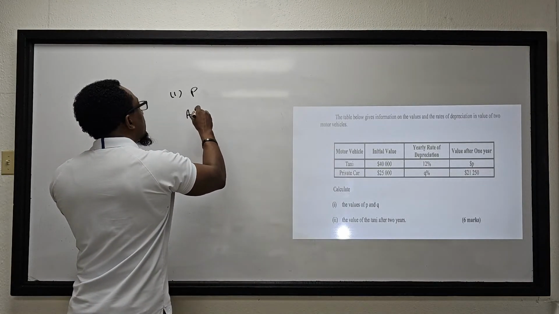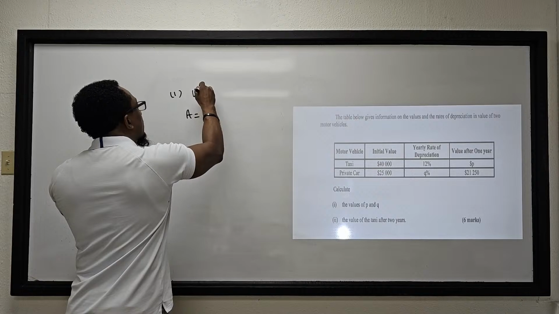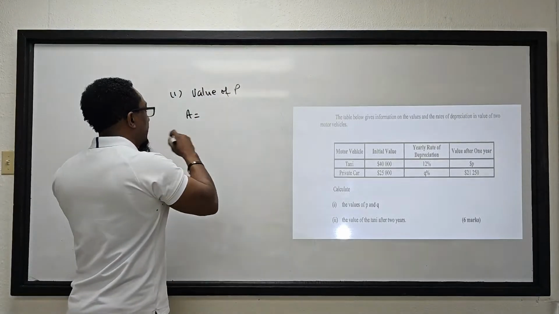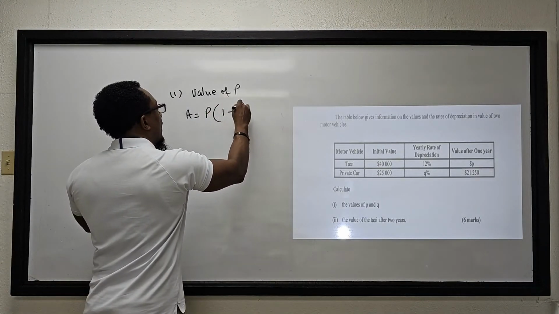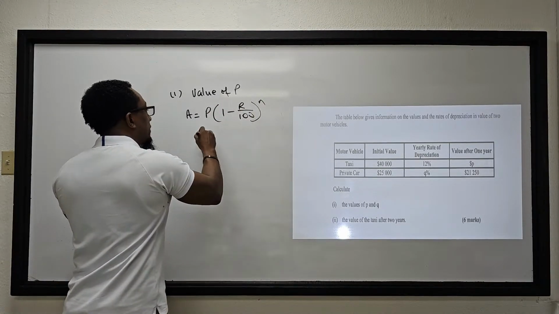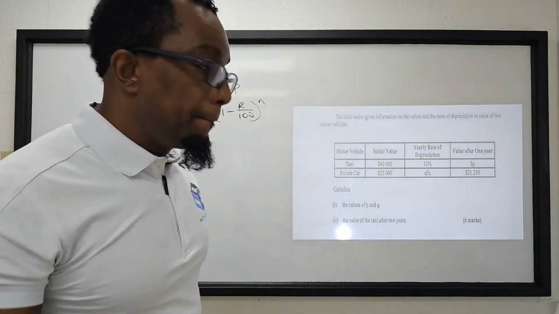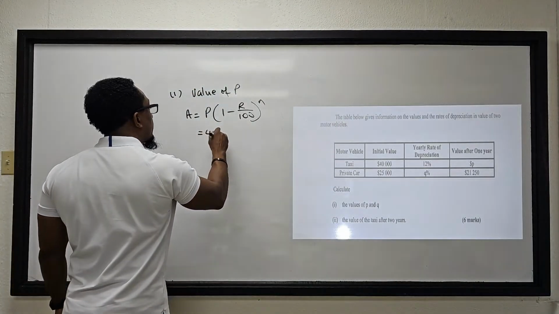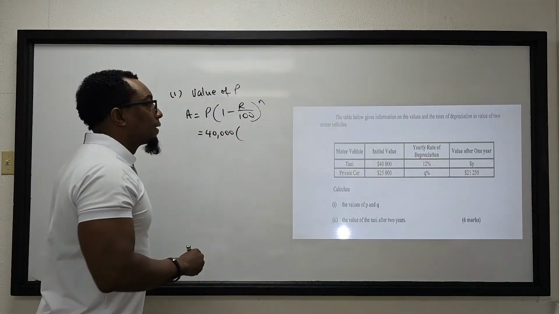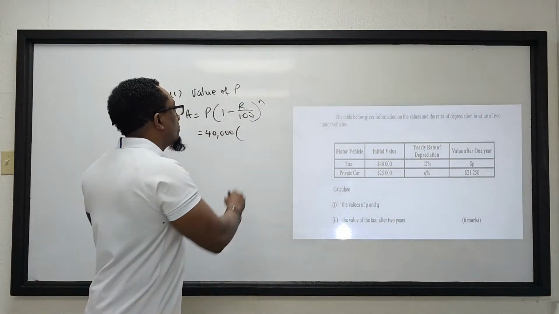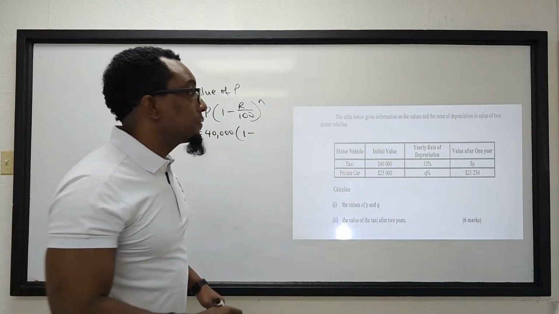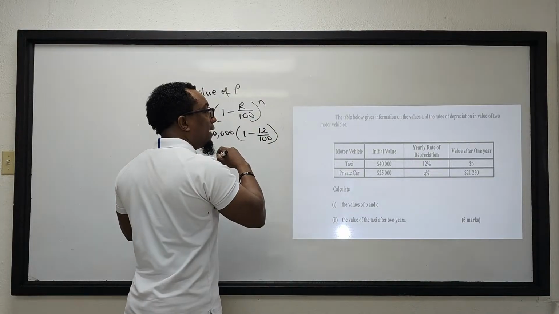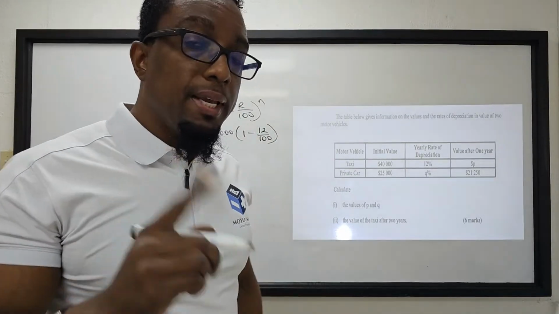Using the formula, A is equal to P into 1 subtract R over 100 raised to the power of N. P in this case will be the initial value of 40,000. 1 subtract R, it's 12%, so we'll put 12 over 100 raised to the power of N, and the value after 1 year, so N will be 1.